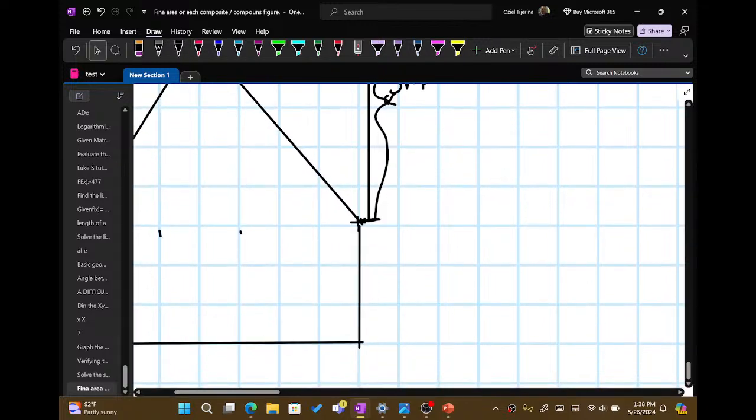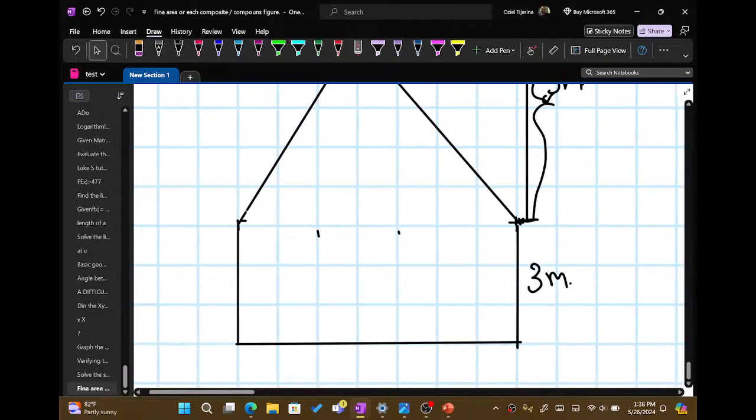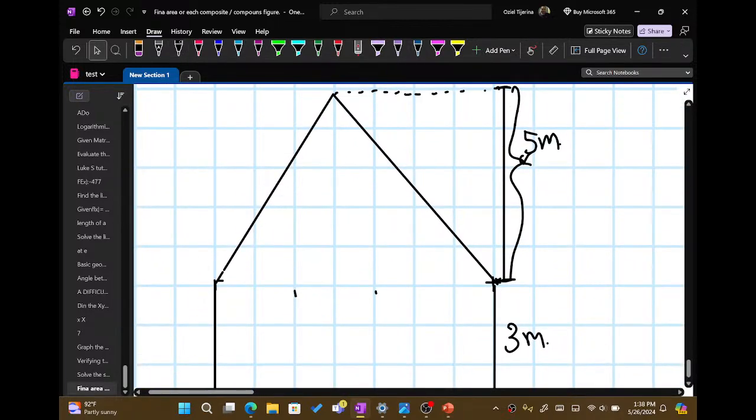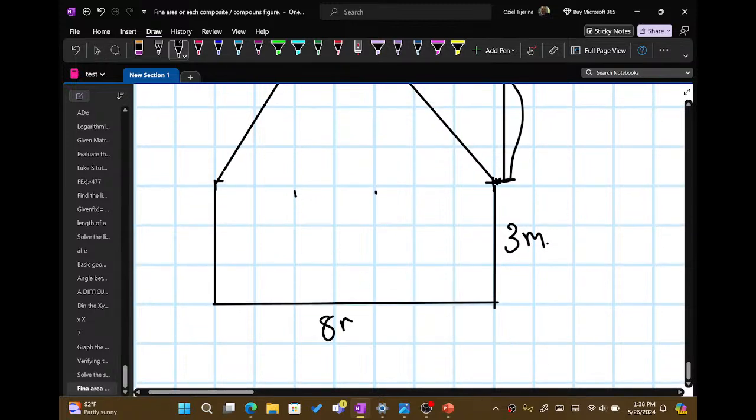And then we're given that the height of this is 3 meters. Now, of course, you wouldn't know that if it wasn't on graphing paper. I'm just doing it on graphing paper so that I can get the shape as accurate as I can, because if I just draw it myself, it's going to be hard to see if I don't draw it to scale. And then the bottom is 8 meters.